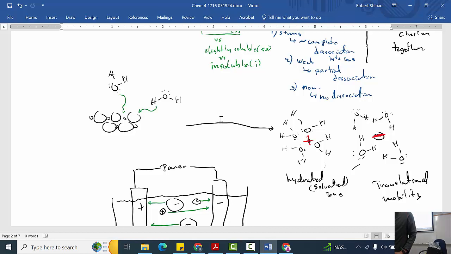So there are two definitions for a strong electrolyte. One, if you're a battery person, a strong electrolyte is a strong conductor of electricity. So concentrated sodium chloride, strong electrolyte. Dilute sodium chloride, weak electrolyte. That's definition number 1 for battery people.